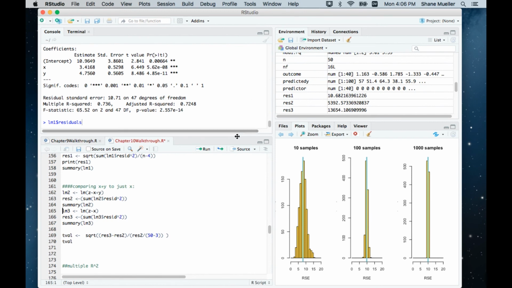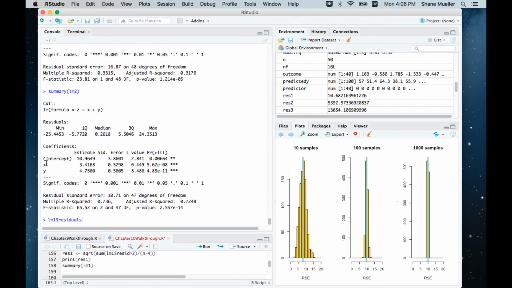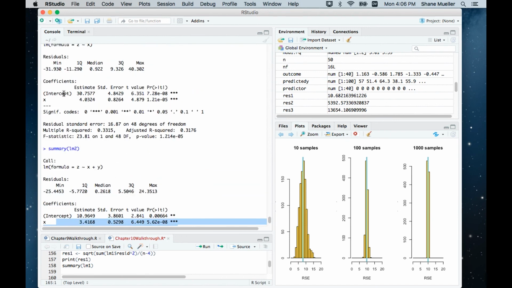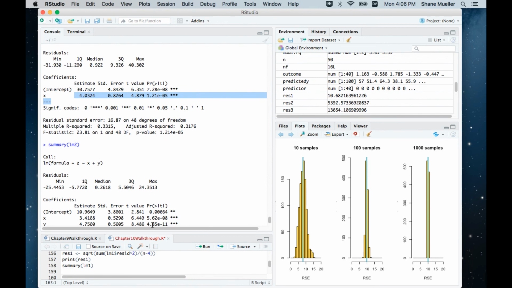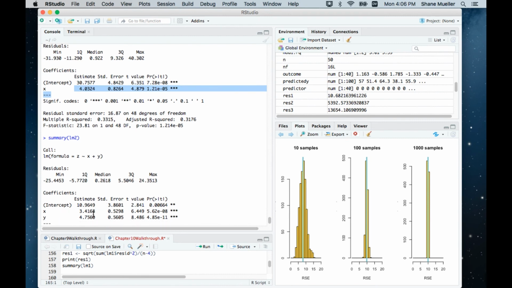and summary of lm3. I can see that when I have x and y, they're both significant. They both have values here. When I do just x, it's significant. It turns out that because x and y are not completely orthogonal, my estimates change a little bit when I incorporate y. That means these are a little bit correlated in some way, so they counteract, and they're both highly significant.